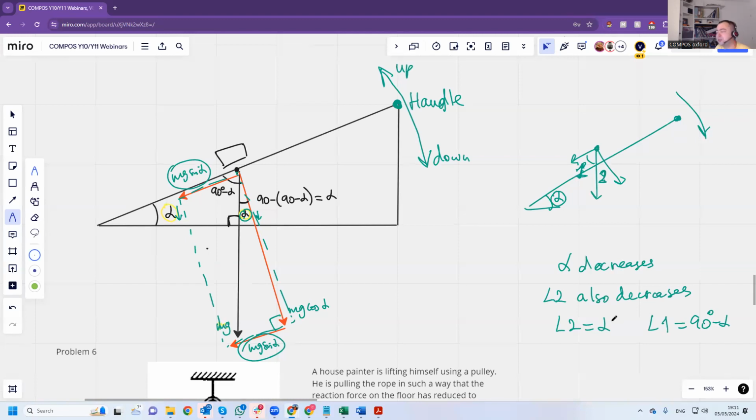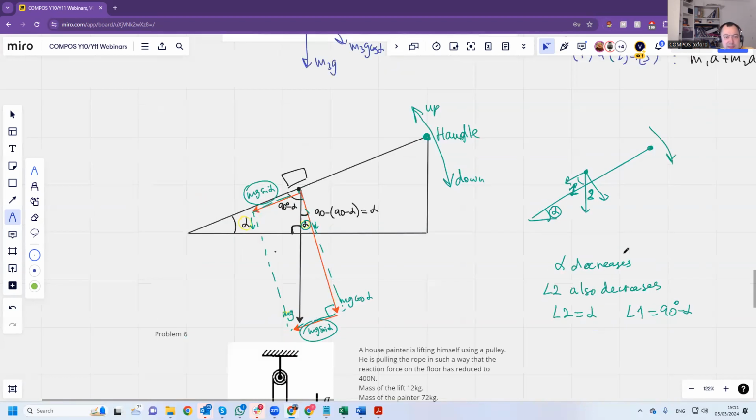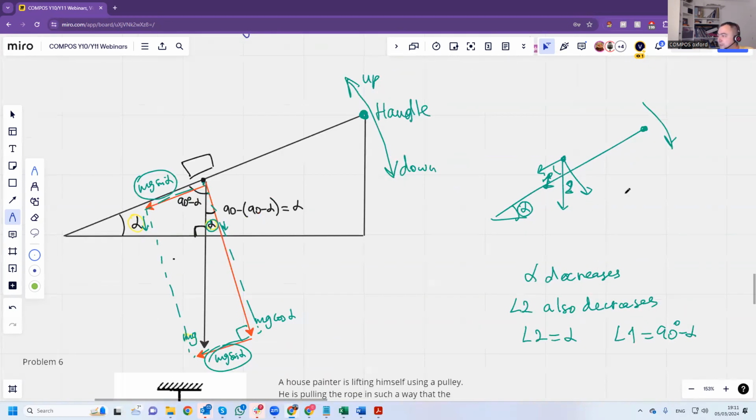Does that make sense to everyone? On a scale of 0 to 10, does this make sense to you? If you imagine pulling the handle, that changes the angles. Okay, good, nice.